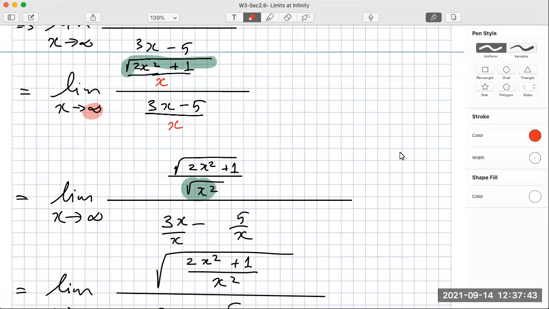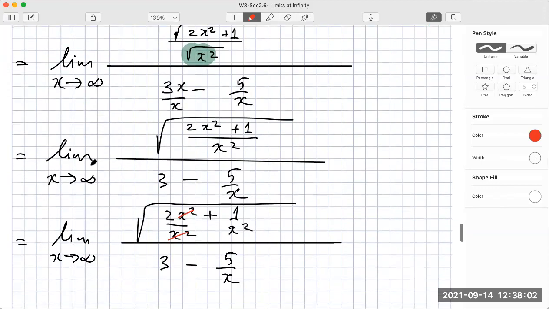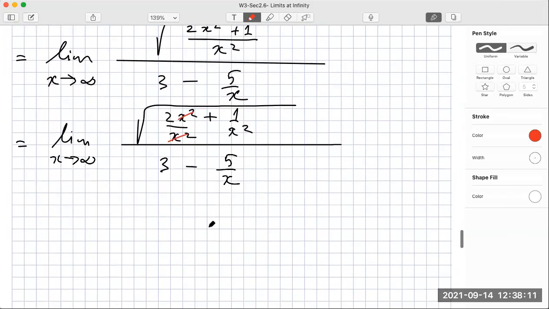Then remember the formula, the square root of a over b is the square root of a over the square root of b, where b is not 0. We apply it to this situation. Then we can write this as the limit of this, and the denominator, we simplify it, we got this one. Okay. Now let us continue.